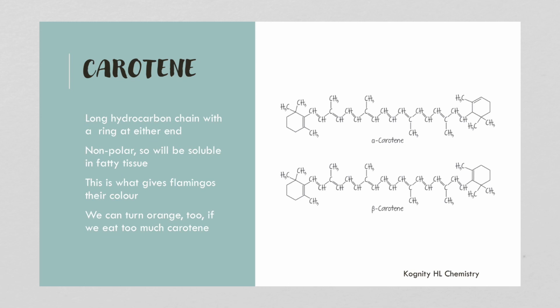So they're soluble in fatty tissues. That explains why the color builds up in tissues if you eat a lot of them. And this is actually what gives flamingos their color. So when they eat the food that gives them their color, they actually absorb it into their fatty tissues. We, like I said, can become orange as well if we eat too much carotene.